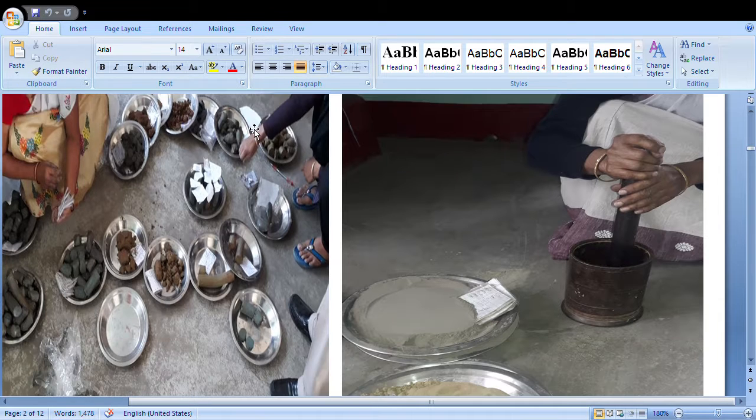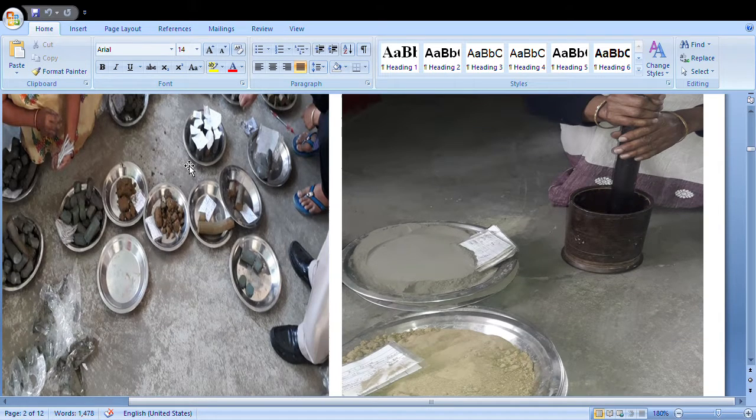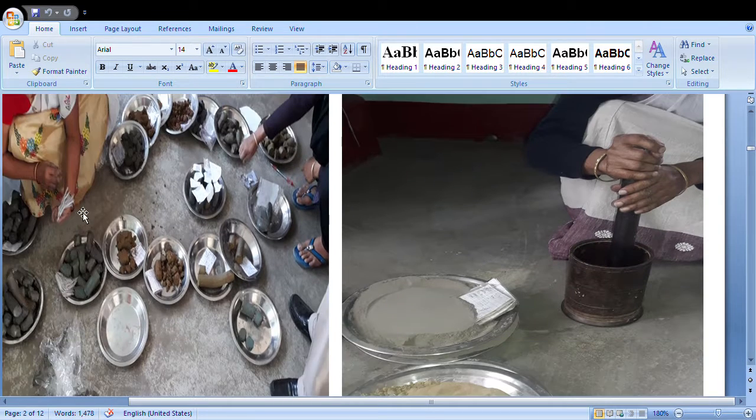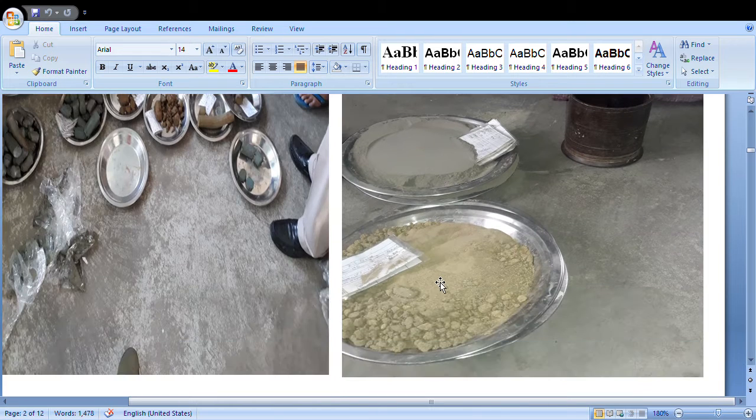As I told earlier, we must be careful with test specimen preparation. These are the extracted soil samples for drying, and after drying they will be made into powder using this mortar and pestle.